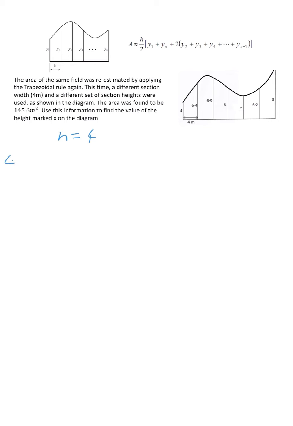So I'm going to have 4 over 2 times. So again, y1 is the first term, so that will be 4, plus then yn, and that is the last term, so that is 8, plus then 2 times the sum of the remaining terms.